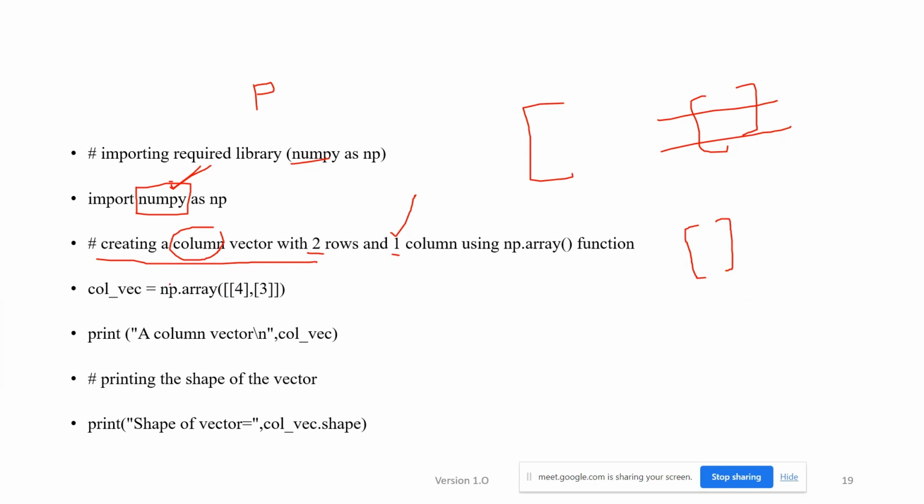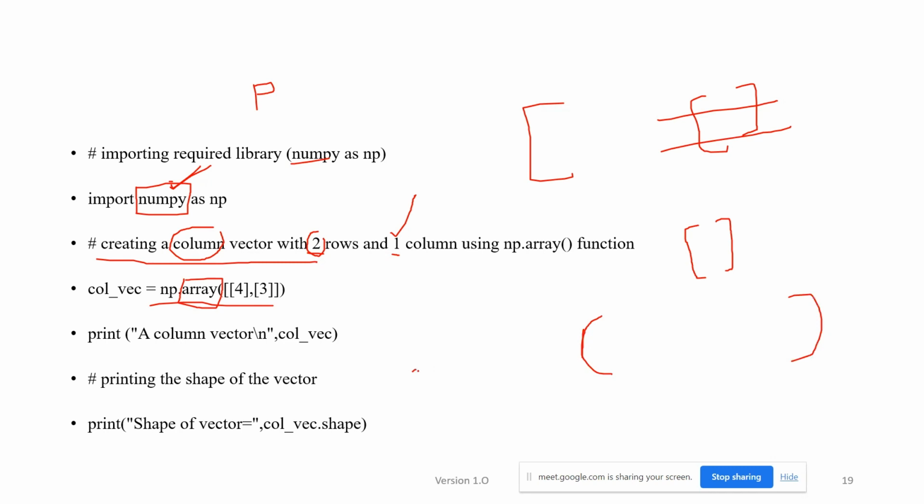So using the np.array function, we are creating a one-dimensional array. In this example, I'm creating two rows. How is this array working? The array is represented with square brackets in programming.